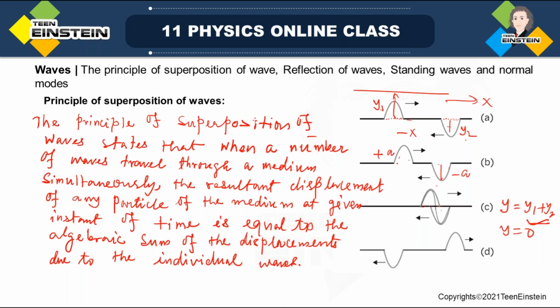Whereas when the element of the string over here is displaced in the upward direction, there is nothing drawn here, it is empty. Here also it is empty, but here the black line is there. That means the string is not at all vibrating or oscillating, because the resultant displacement becomes zero, since the displacements are in the opposite direction.